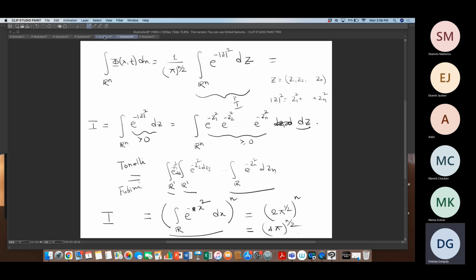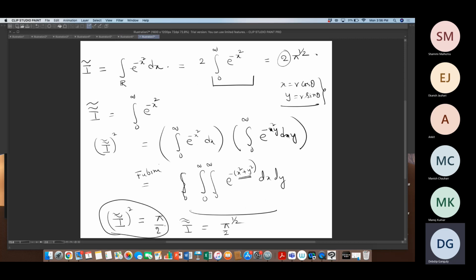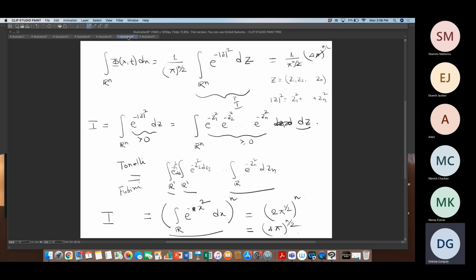I think you will get exactly 1, because this 4 is there. I'm getting some problem with 1 by pi to the power n by 2 into 4 pi to the power n by 2. So this pi gets cancelled, so exactly we'll get 1 actually. I think I have made a mistake here, this will be pi by 2 or something like that.